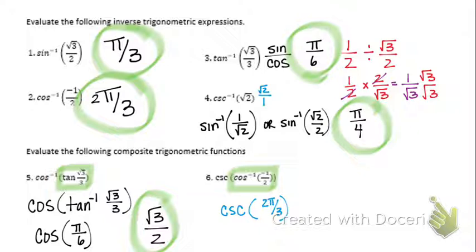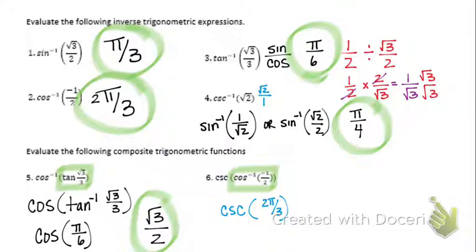Cosecant is the reciprocal of sine. So what you're going to do is take the sine value and then flip it. So look at your unit circle, find the sine of 2 pi over 3, and then flip it to get the cosecant. So the sine of 2 pi over 3 is what? Root 3 over 2, right?